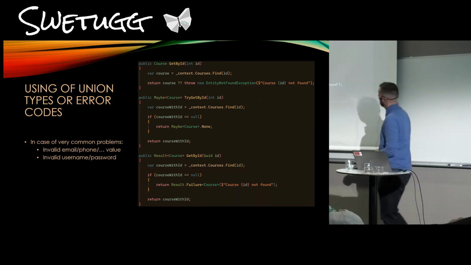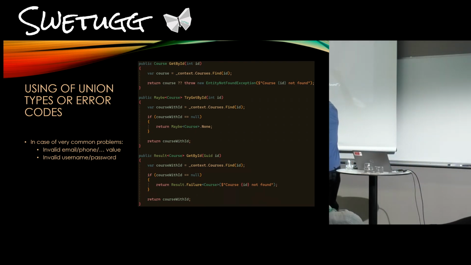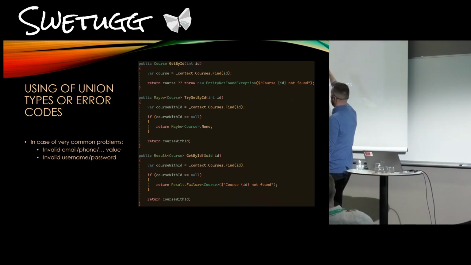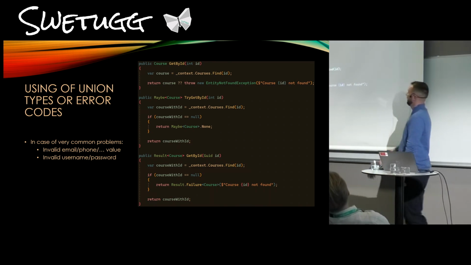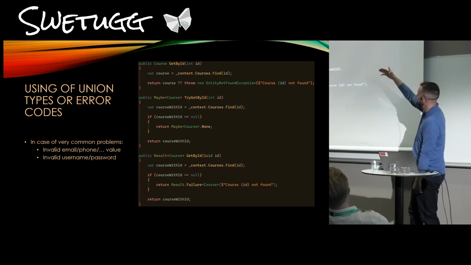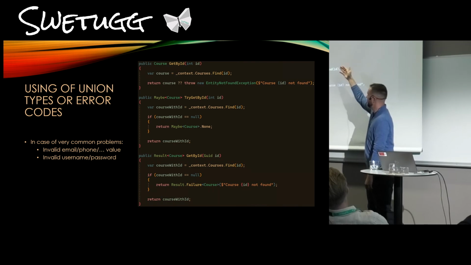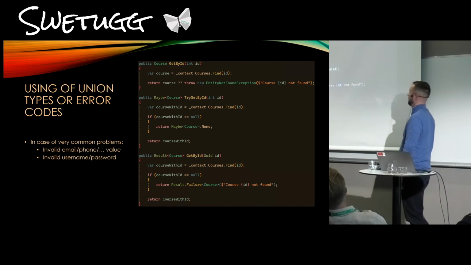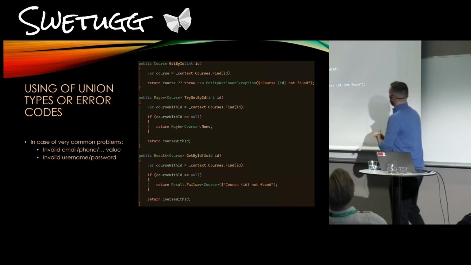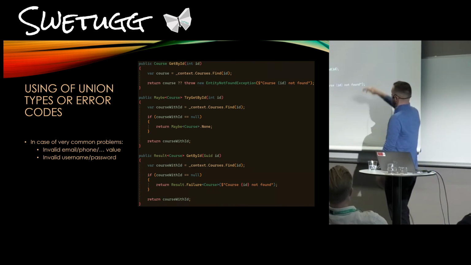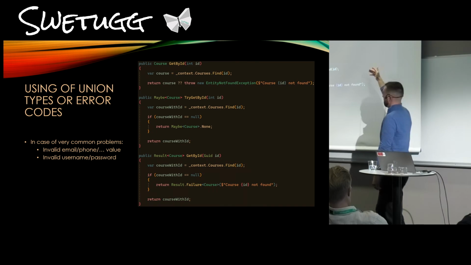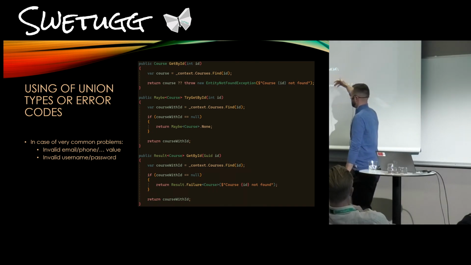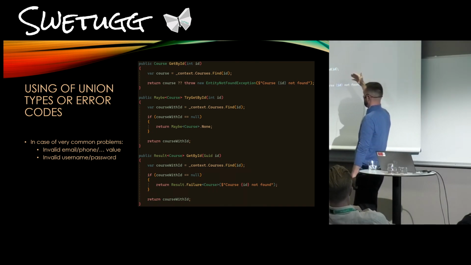And the first method would be, let's say, the classic approach. So you want to get by ID, and you try to find it, and you either return it, and if it's null, because Find returns null if it doesn't exist in the database, Find is an Entity Framework Core method, so you throw the entity not found exception. But you might, for example, use some other approach without exceptions.